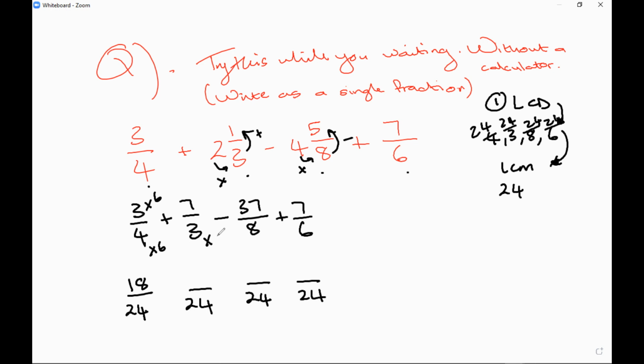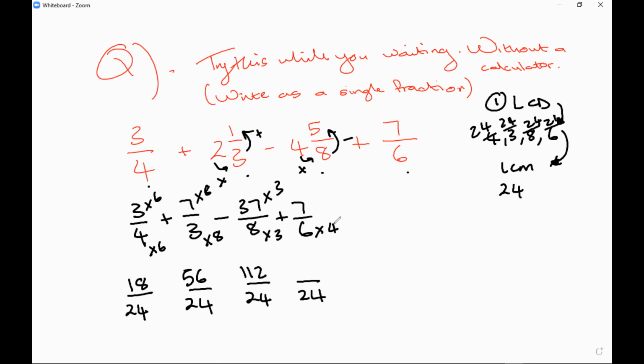I'm going to multiply this by 8 at the top and at the bottom. 3, top and the bottom. That's 90 plus 21. What's 90 plus 21? It's 90 plus 10 is 100 plus 12, 112.